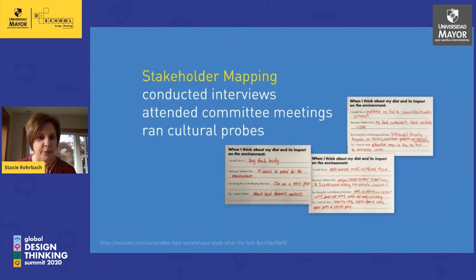So the little post-its that you see here, those are notes that they had in student dormitories. They had them on the wall, and they would pose questions, and students would fill them out. So it was a way for them to gather information from their stakeholder groups.